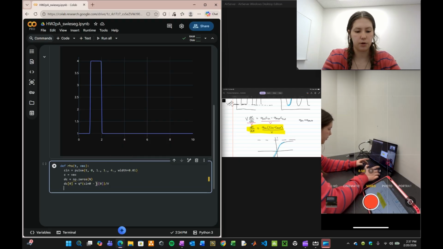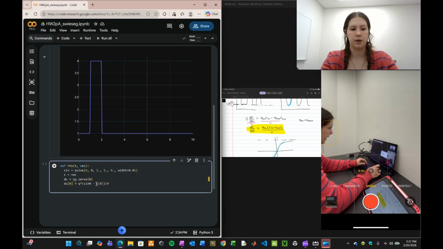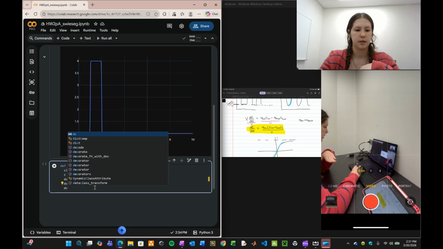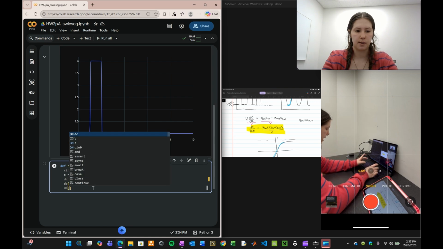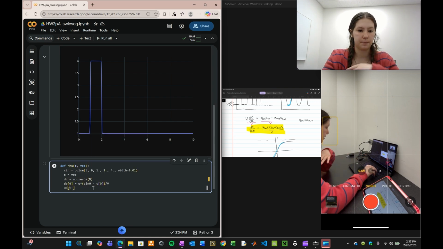And then we want to define our change in concentrations past that initial value. So we're going to say 1 and on.